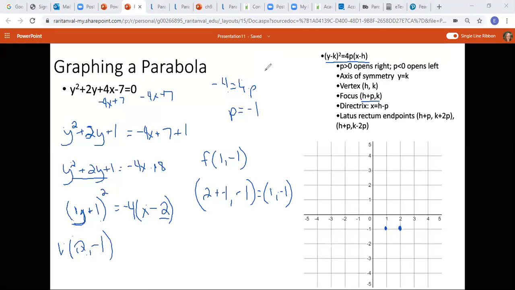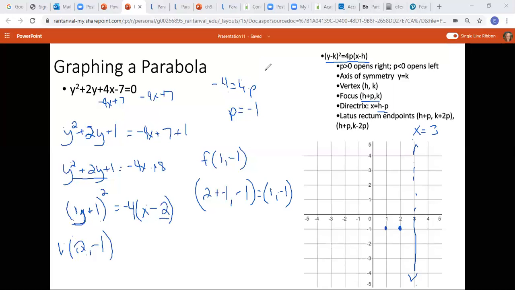I'm going to move 1 in the opposite direction to get my directrix. So we have a line here at x equals 3, or x equals h minus p. So h was 2 minus negative 1. So it's 2 plus 1, x equals 3.